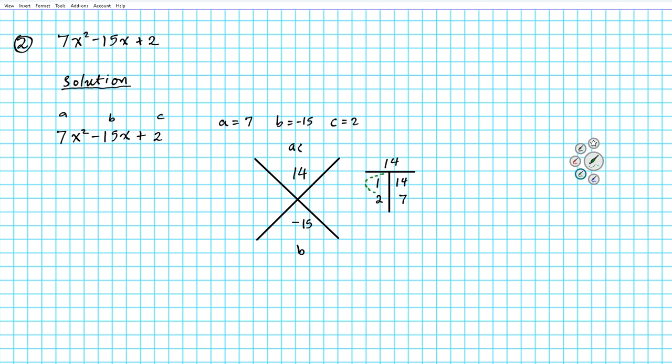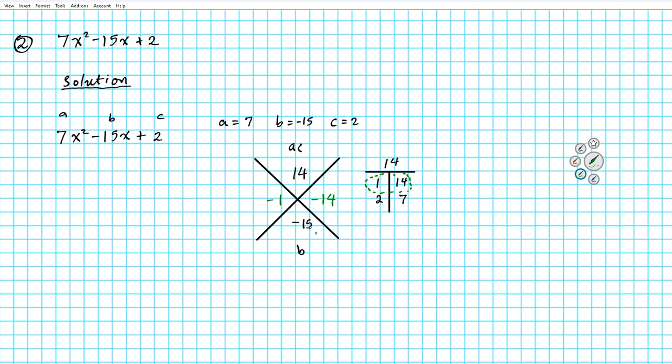1 and 14. So we're going to insert it here. Negative 1 and negative 14. All right, so what is negative 1 times negative 14? Positive 14. What is negative 1 minus 14? Negative 15. Excellent. So this works. So negative 1 times negative 14 is positive 14.